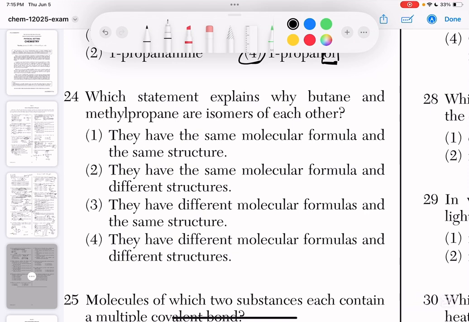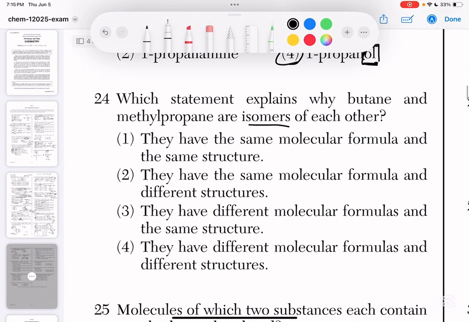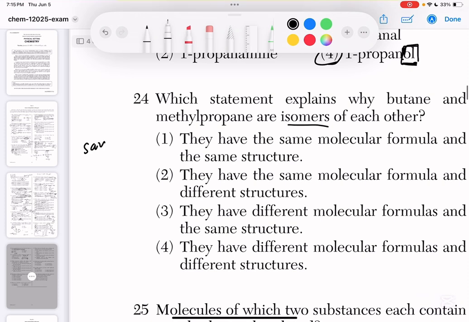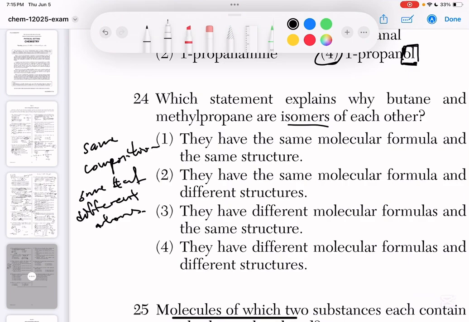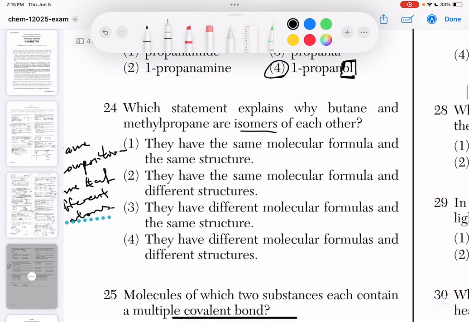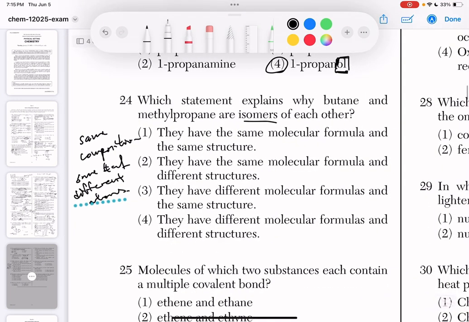Which statement explains why butane and methylpropane are isomers of each other? Okay, so to be isomers means that they have the same composition, like they have the same number of different atoms making up their chemical structure.